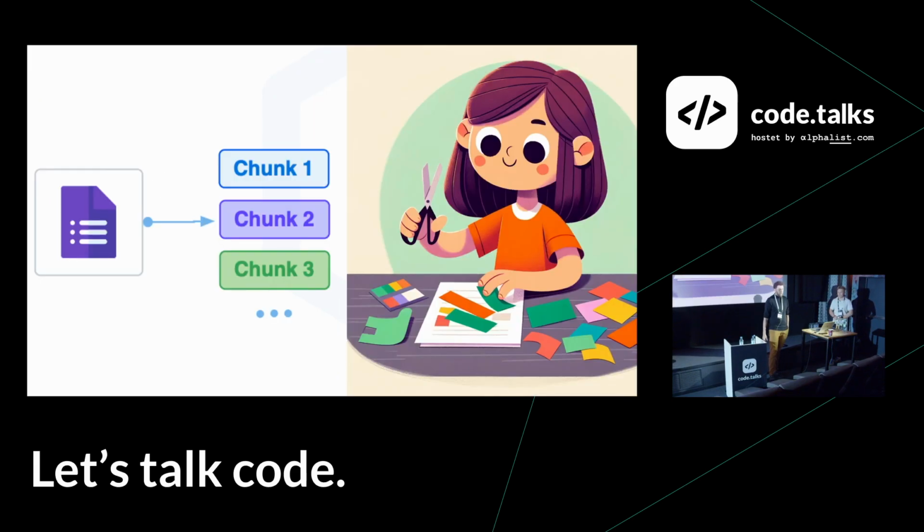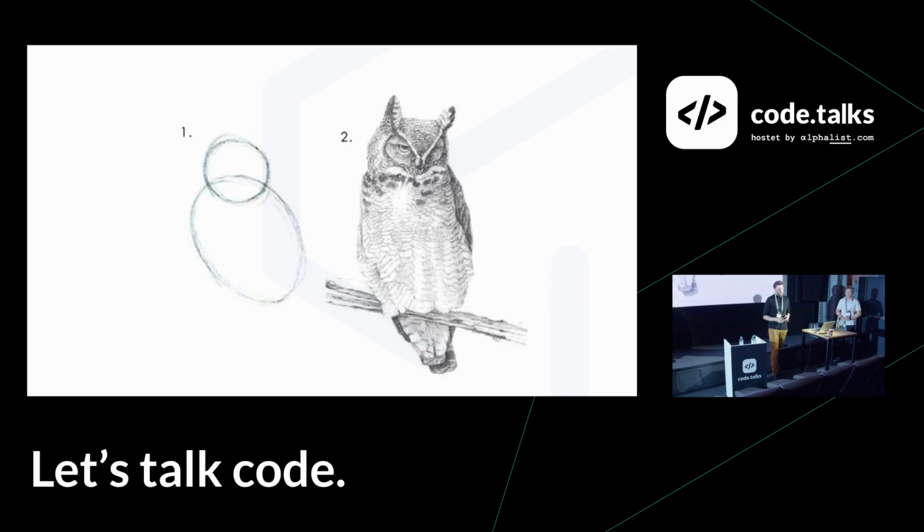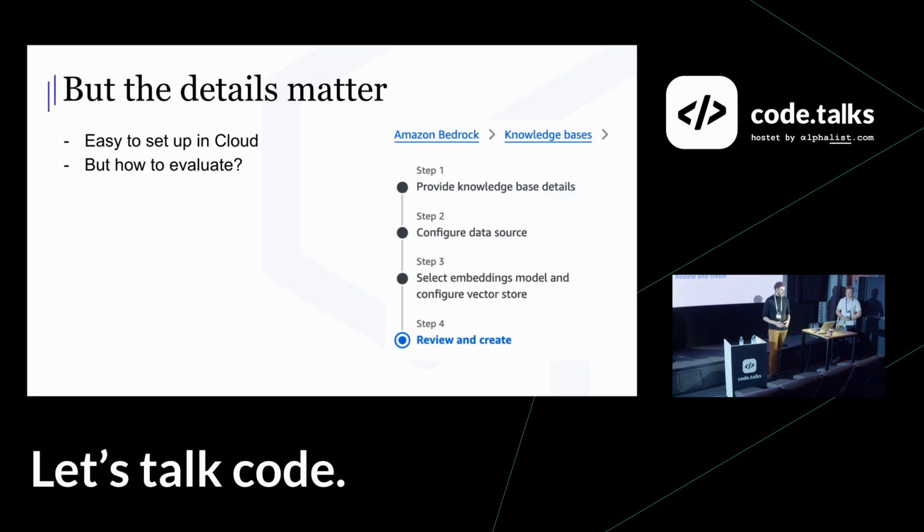But if I tell you, okay, splitting is just cutting the documents into pieces, that's a little bit too simple. That would be like saying, okay, you draw these two circles and then you complete the owl. That would be cheating, right? So in reality, every single detail matters.